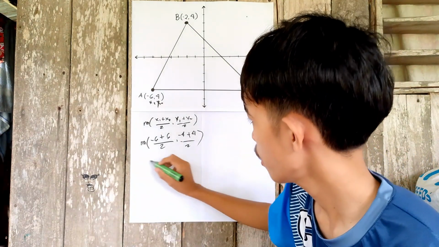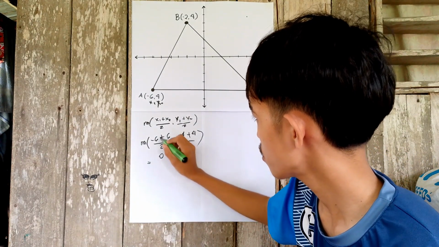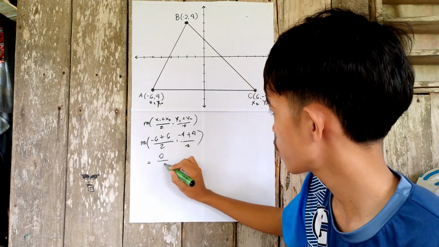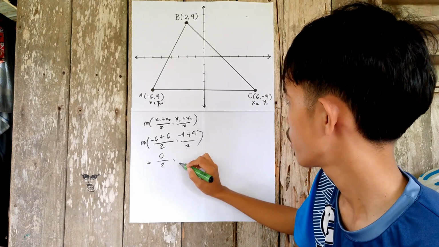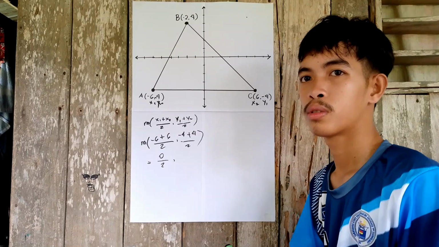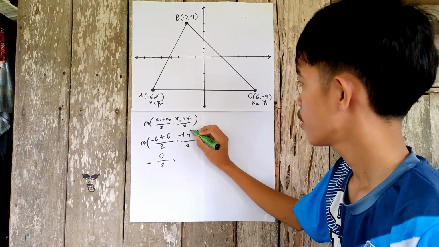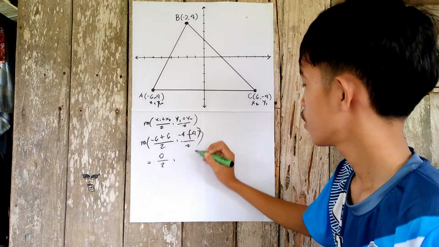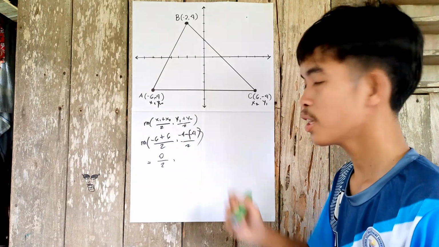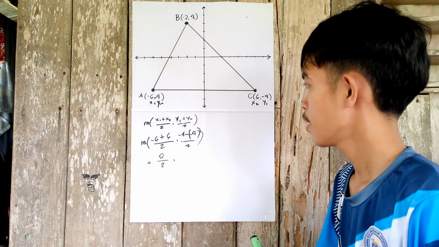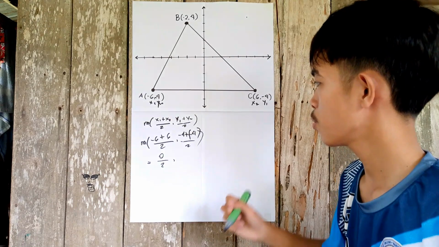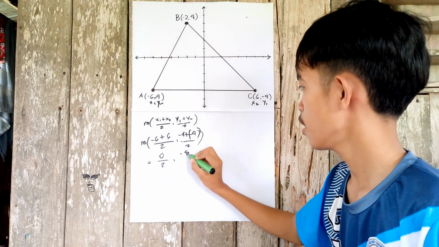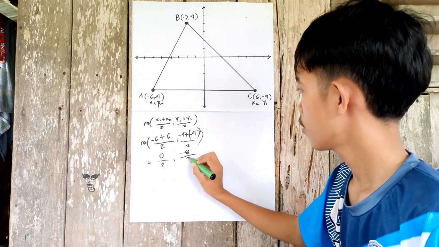Next, negative 6 plus 6 is equal to 0 over 2. Negative 4 plus negative 4 is equal to negative 8 over 2.